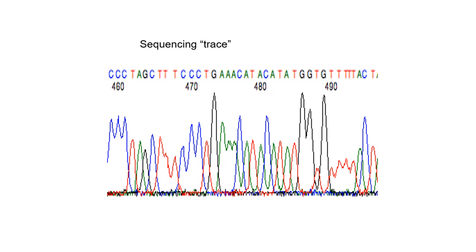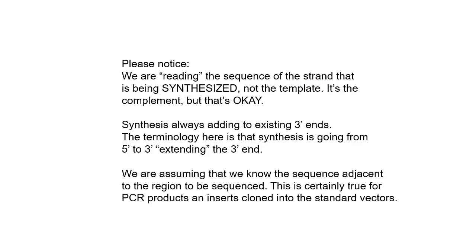This is the sequence of the newly synthesized molecule because it depends on the colors that were incorporated by polymerase as the reaction proceeded. So it doesn't seem fair, but that's the way it's done. You're always adding on to 3' ends. So if you read across the trace, you're starting at the 5' end of the new molecule and extending towards the 3' end.